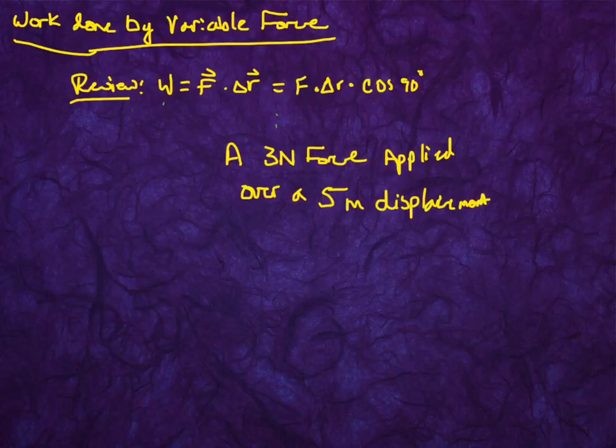All right, and we're going to graph it. So here's our graph, and this is going to be our force, and this is going to be our, in this case, we'll just call it x for right now, delta x. Okay, and we're going to have 3 newtons.